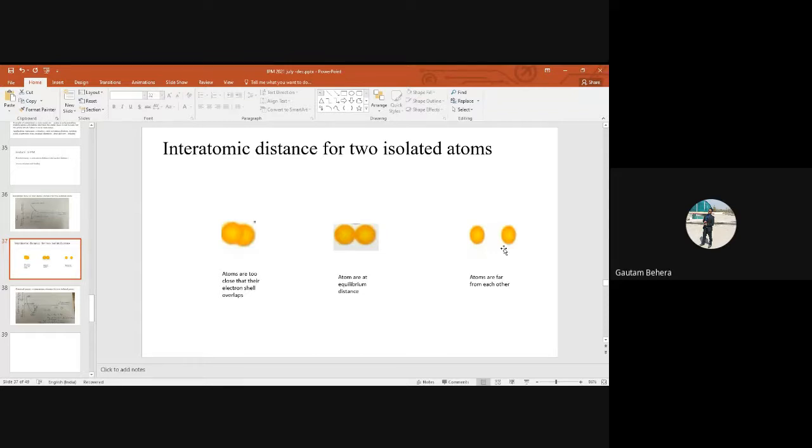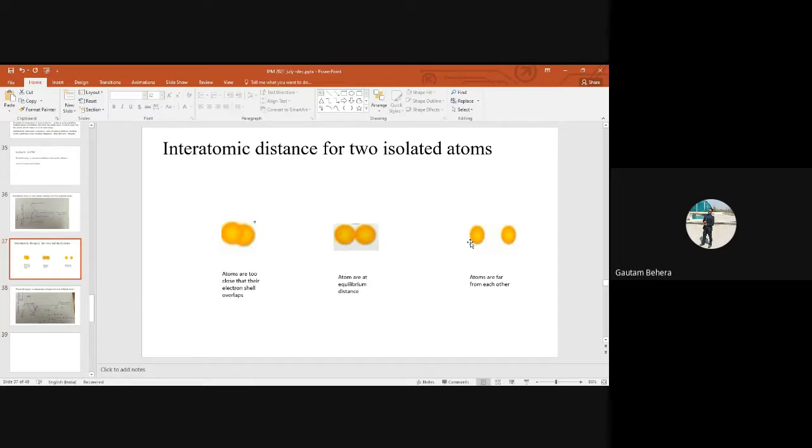So the moment you start bringing these two atoms closer, or suppose these two atoms are approaching one another, what happens? A force of attraction and a force of repulsion will start acting on these two atoms. That means forces will be acting.